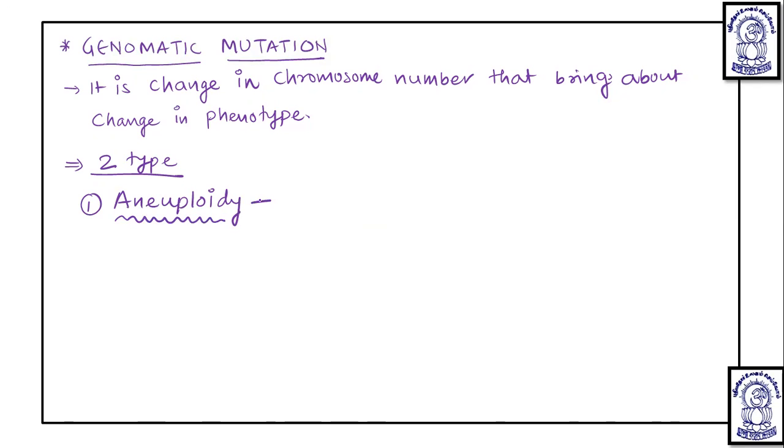If you talk about aneuploidy, then you will see that the chromosome number is 1, 2, or 3 plus to the total number of chromosomes, or it can be minus.